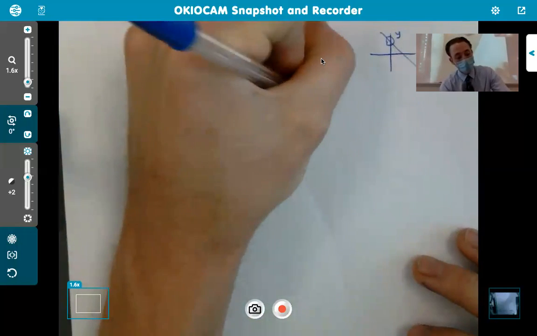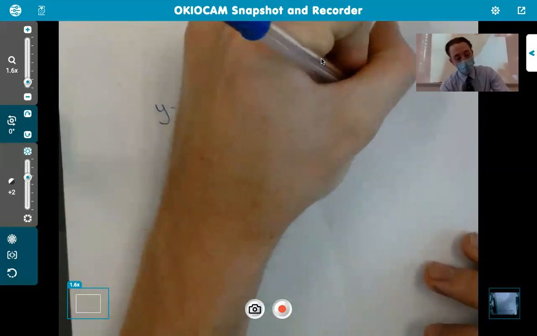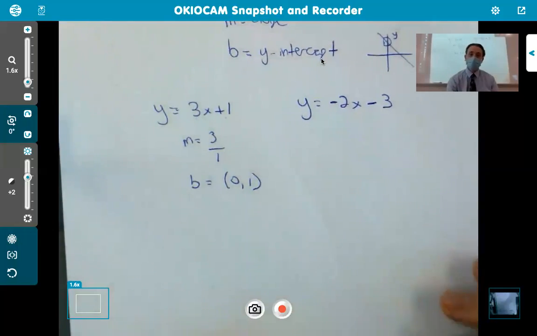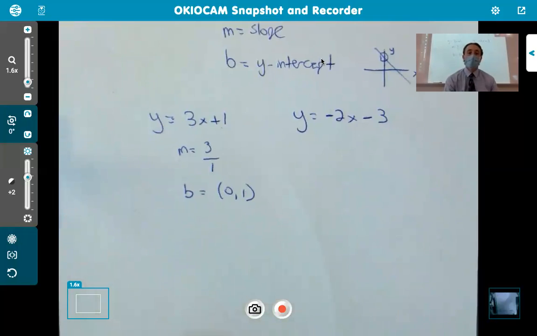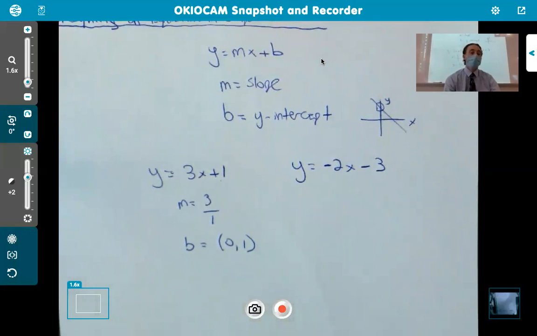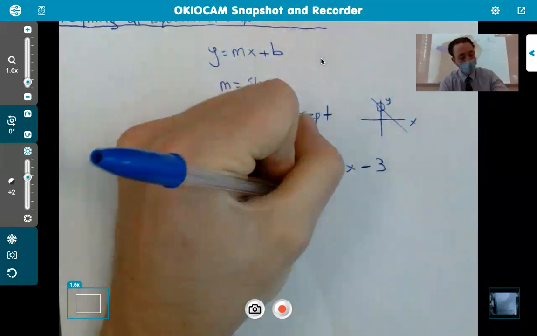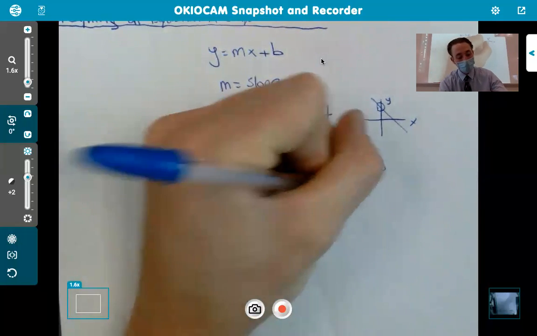What about this example? What if I said the equation is negative 2x minus 3? What number is my slope? So what number is being multiplied by x? Positive or negative? Negative 2. It's written there, negative 2. So m is negative 2, but how do I want to write this?